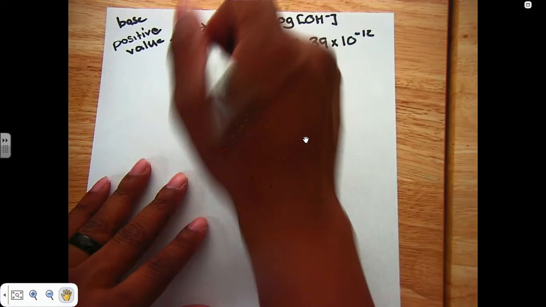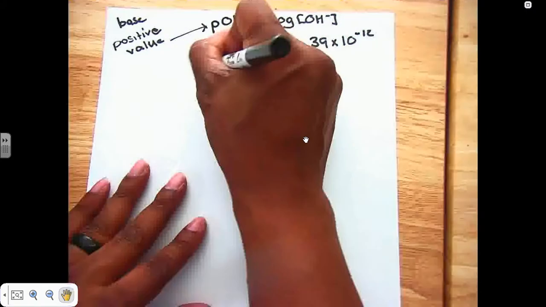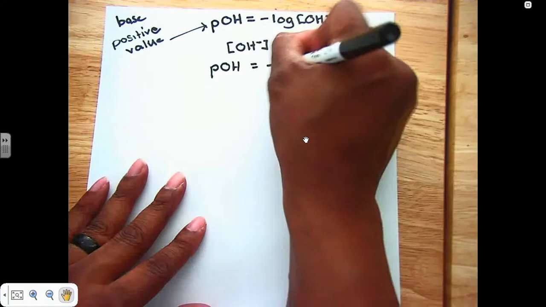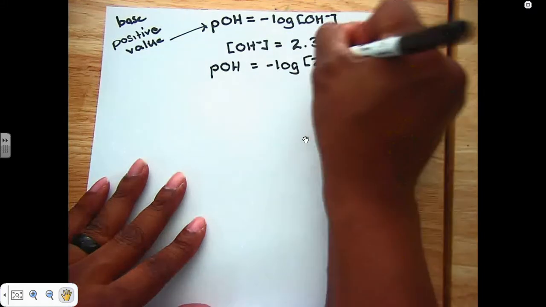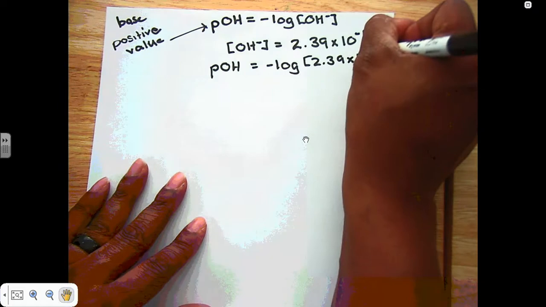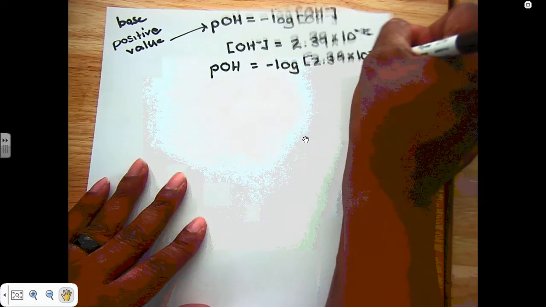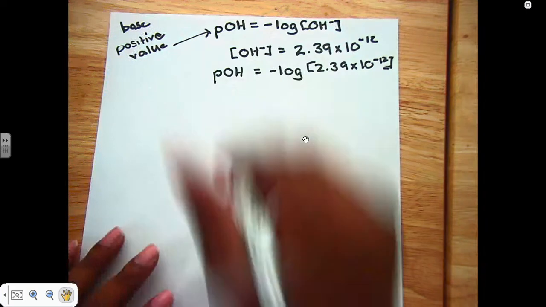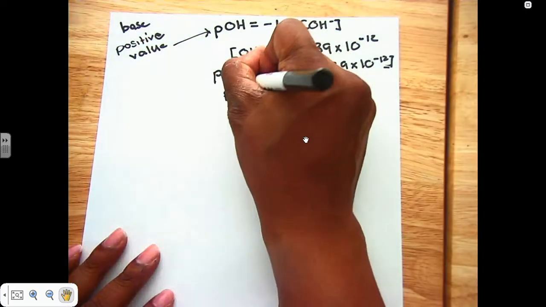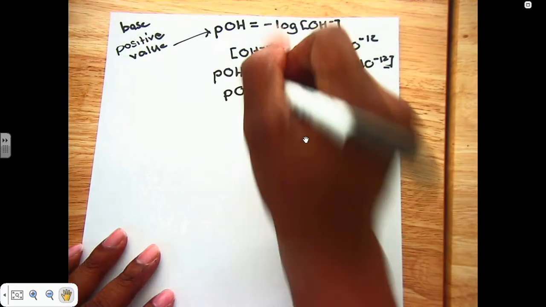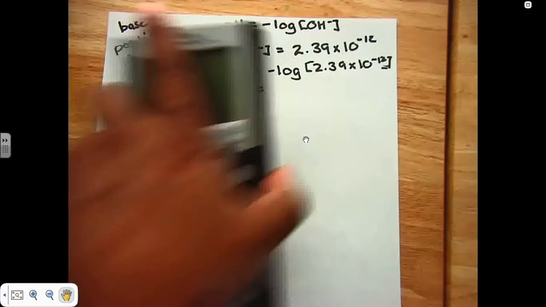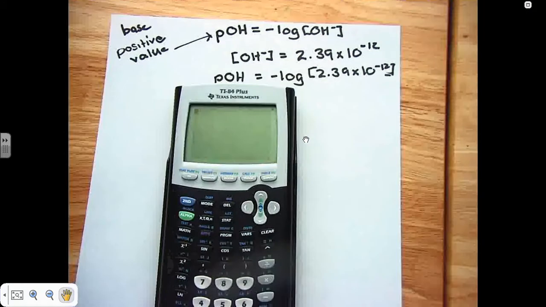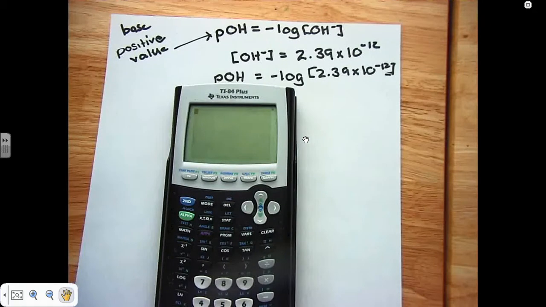Now, we know the setup for how this is solved. We say that pOH is going to be equal to the negative log of your 2.39 times 10 raised to the negative 12. And so we've done something like this where we put it in our calculator. I'm going to show you once again how we go about doing that. In your calculator, you can either put the negative log in front, or you can just put log.